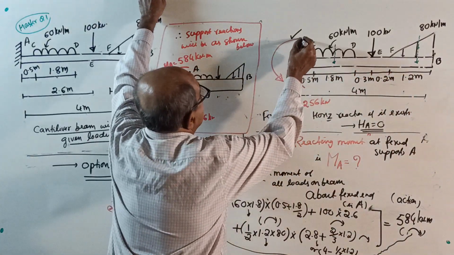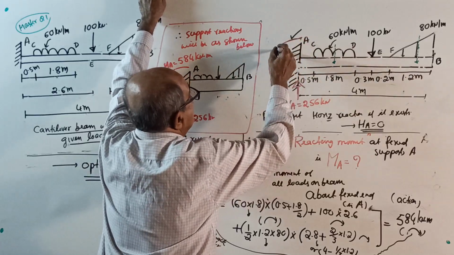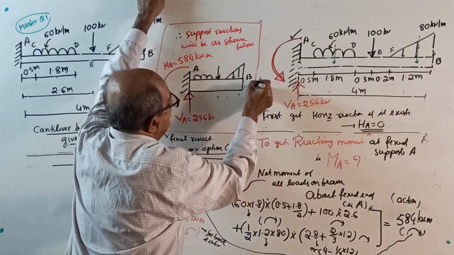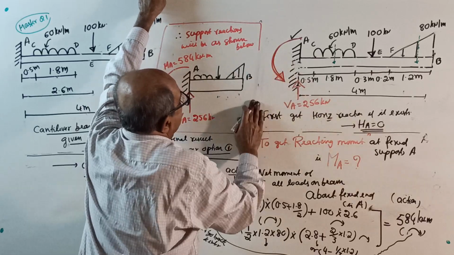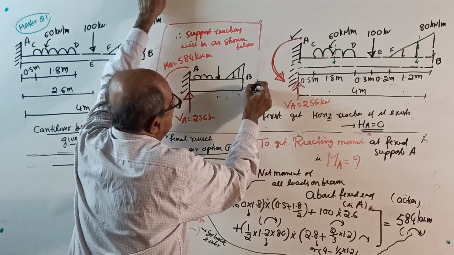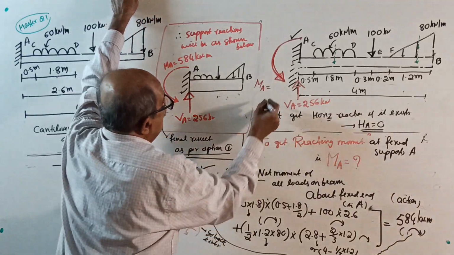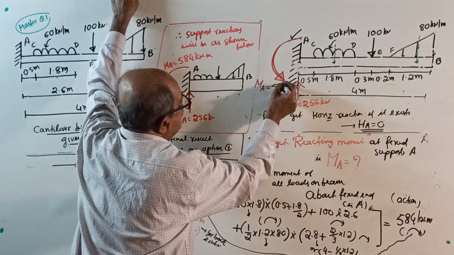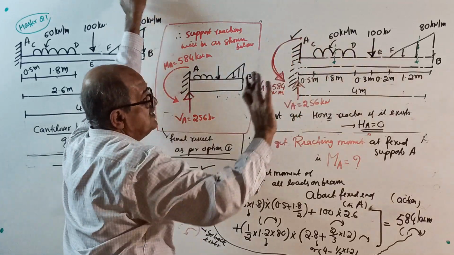You should not bother about color in my class. Anti-clockwise. This MA, right here anywhere. MA equal to 584 kilonewton meter in anti-clockwise direction.